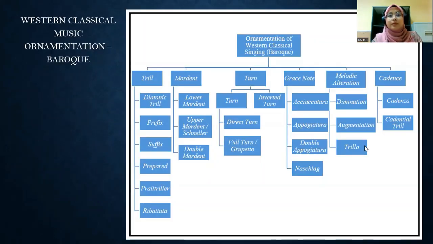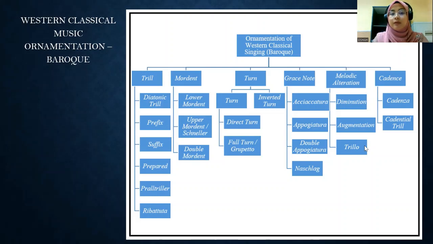So this is what I found from my literature review, which is the Western classical music ornamentation in the Baroque, where it is divided into 6 parts: trill, morgan, turn, grace note, melodic alteration, and cadence.